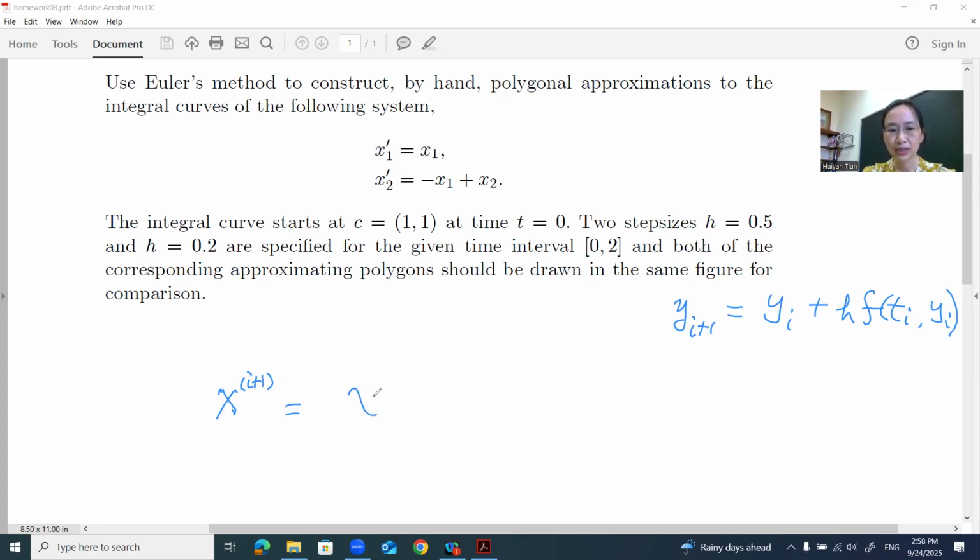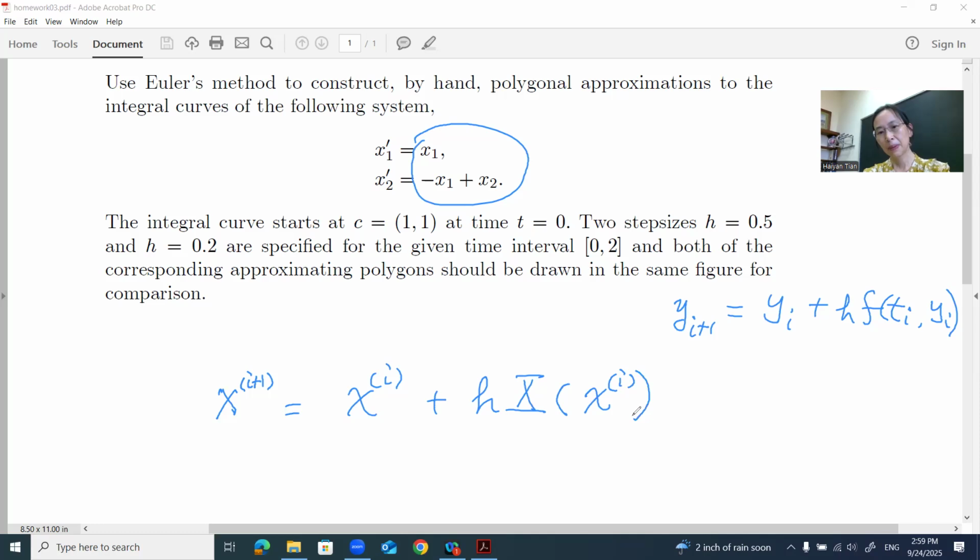So I just write it in this form. The right-hand side, which we denoted by capital X, is evaluated at x superscript i. So this is our Euler's method.